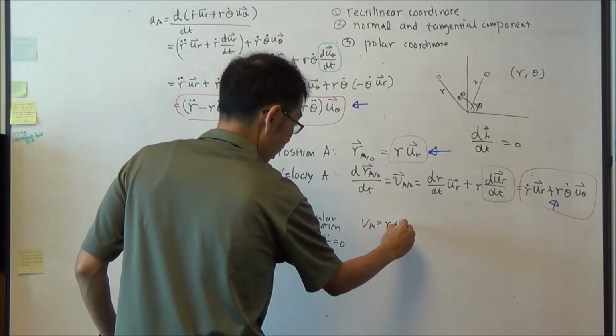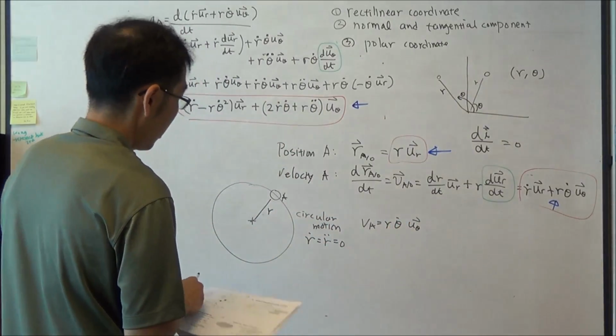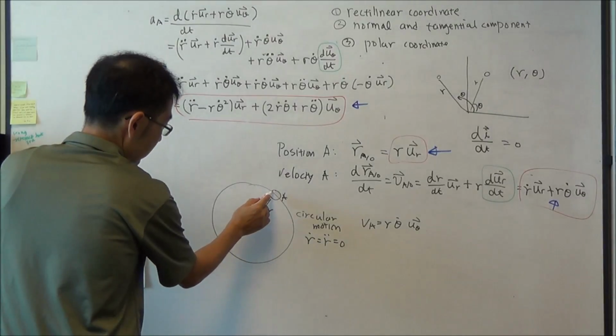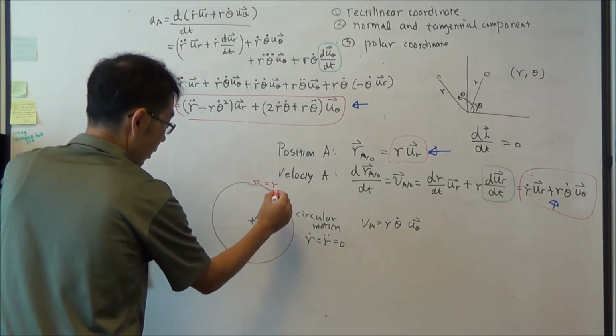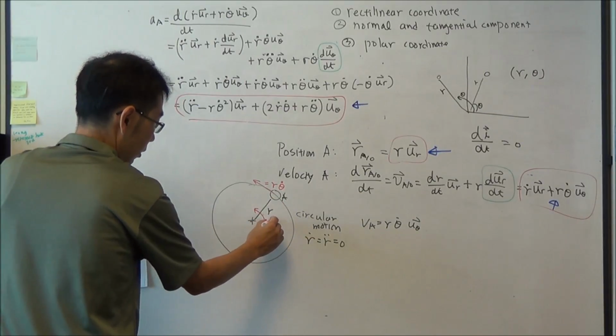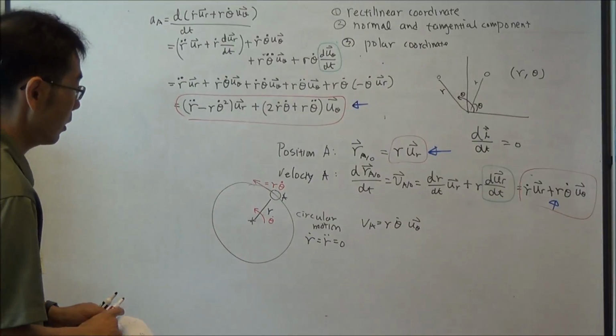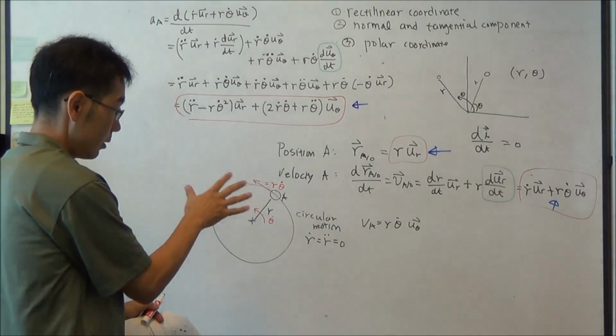So that's why this is r theta dot u theta. So what does that mean? Your velocity of A is equal to r times the angular velocity. If you know the angular velocity theta dot, then you get the velocity in circular motion.